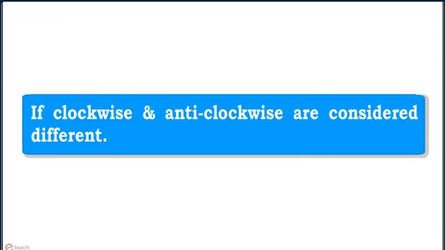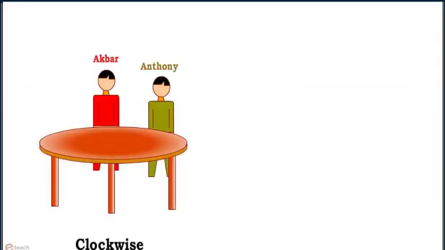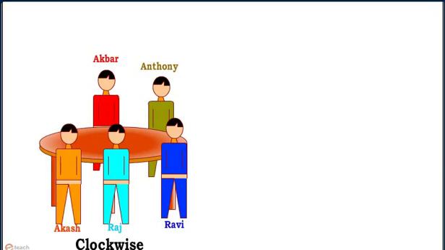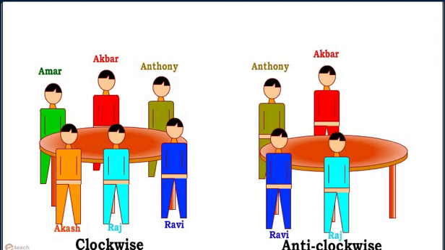If clockwise and anti-clockwise circular permutations are considered different, then let's see what happens. On the left side, you have Amar, Akbar, Anthony, Akash, Raj and Ravi sitting in a clockwise fashion, whereas on the right-hand side, you have the same people sitting in anti-clockwise fashion.